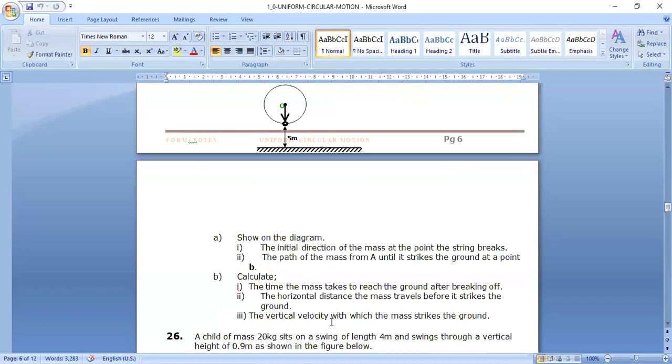Substituting, U equals 0 plus g, which we know is 10, time taken is 1. So the answer is 10 meters per second. So this mass strikes the ground at 10 meters per second. Remember, in vertical motion on a projectile trajectory, we assume that the initial velocity was 0, vertically 0. It's the horizontal velocity that is never 0. So this is a combination of linear motion and projectile, circular motion.